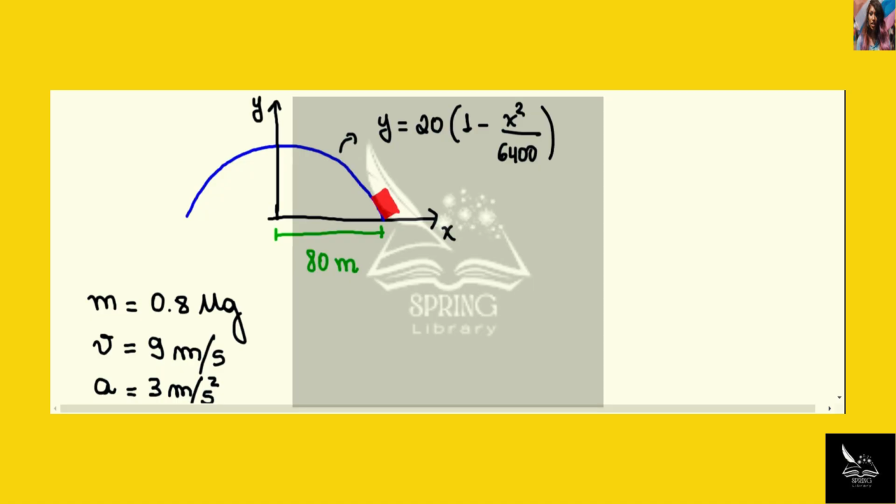Its acceleration downwards is equal to 3 meters per second squared. And the mass of the car is 0.8 megagrams, which is the same as 800 kilograms. Our goal is to find the frictional force that the road exerts on the car, and also the normal force that the surface exerts on the car.